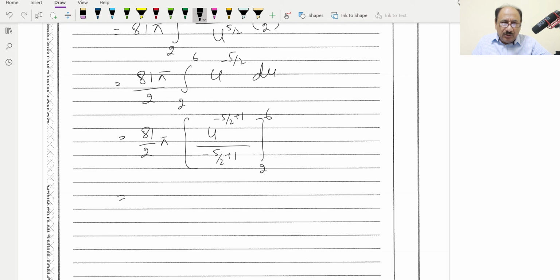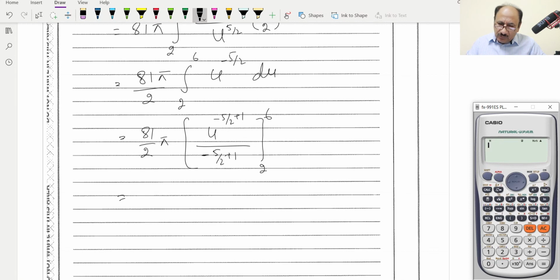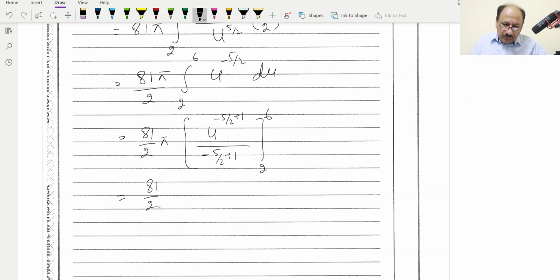Now we will be replacing the upper limit and lower limit. The denominator we can take out also, because it is not containing x, so we can solve this one. Minus 5 over 2 plus 1 is equal to minus 3 by 2, so we can write it over here as minus 2 over 3, because we are changing it from denominator to numerator.